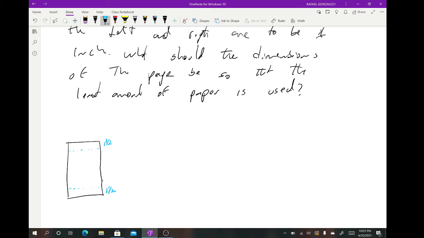Now we also have margins to the left and to the right of the page, and let me put it in red. So these margins from here to here are 1 inch each.